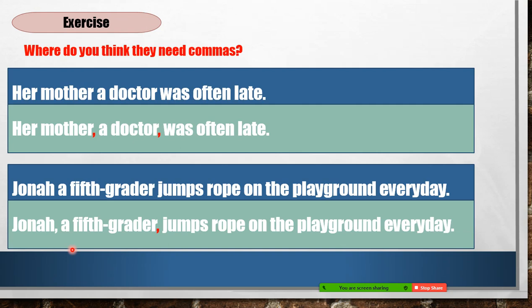If you have non-essential information, you can put it between two commas. So this means that if I cut it off the sentence, what is left will still give me a meaningful meaning: John jumps rope on the playground every day. This is without this part that I surrounded with two commas.